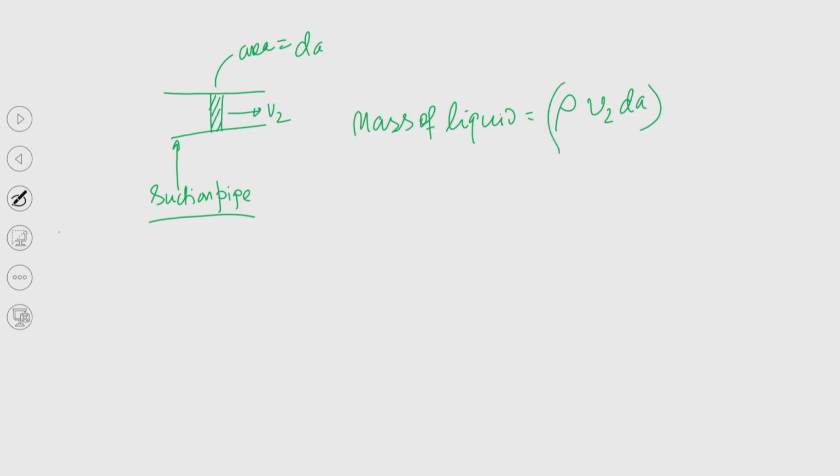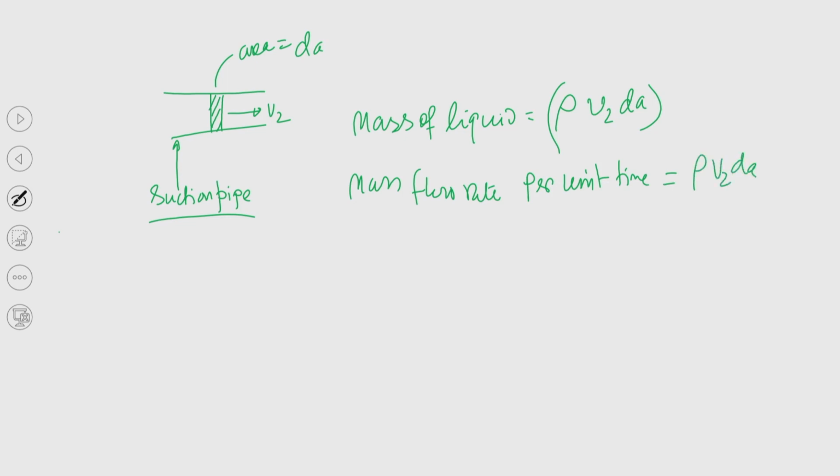That is the mass flow rate per unit time, so the mass flow rate is rho V2 dA.